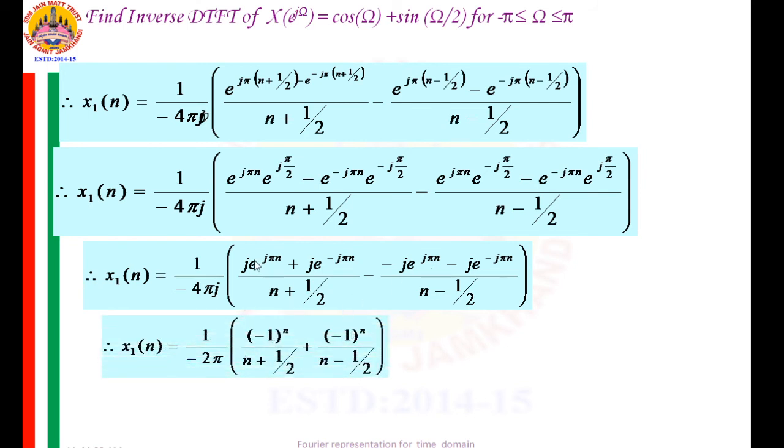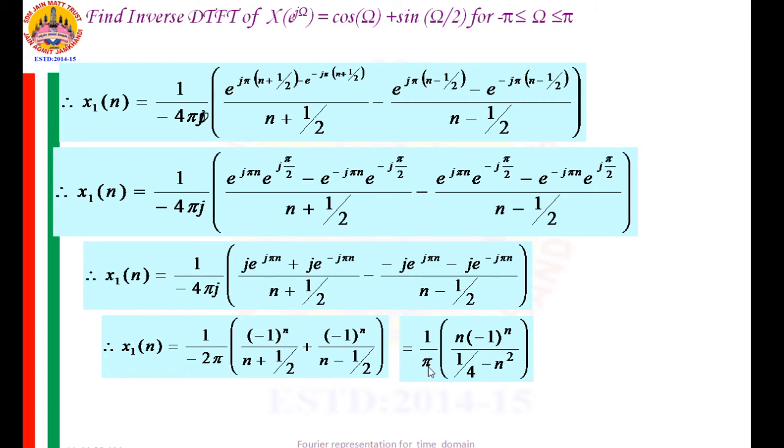So this j has got cancelled, but you can take it upstairs because this is already cancelled. So minus 1 raised to n plus minus 1 raised to n, over n plus 1 by 2, n minus 1 by 2. Now you can cross multiply and try to solve this. So you will get n into minus 1 raised to n upon 1 by 4 minus n square.